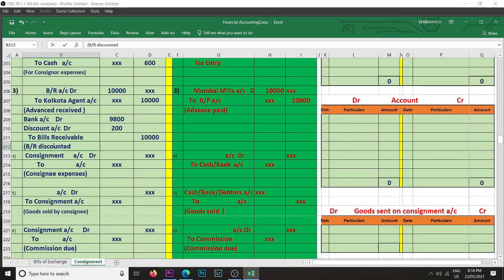Consignor name is Mumbai Mills Limited. So in the books of consignee, cash account debit to Mumbai Mills Limited account. Sales amount is 14,000.